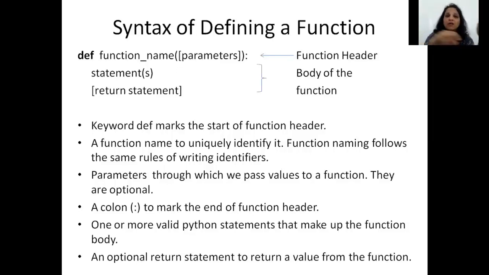Okay, and after that we put a colon. The colon says you are starting a block of statements, which means everything that is written under the function header, which is indented, is going to be a part or the body of that function.